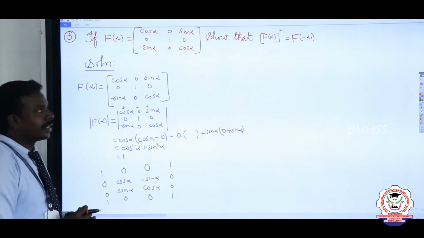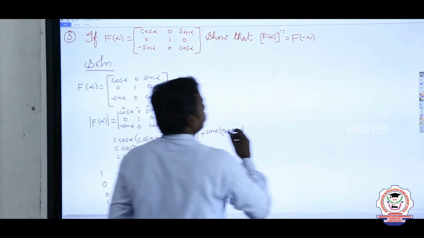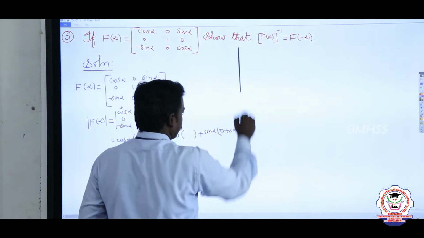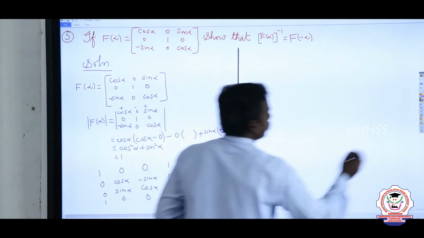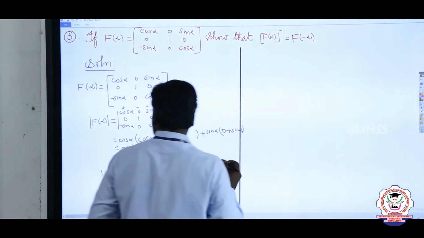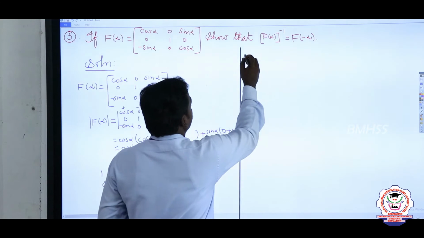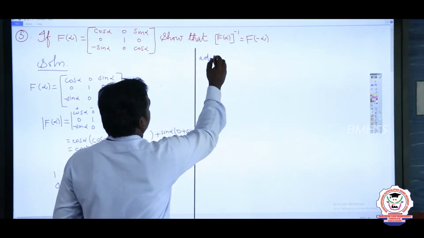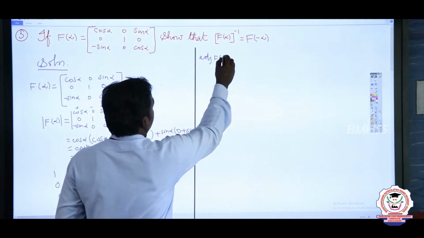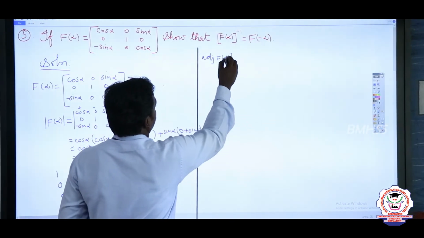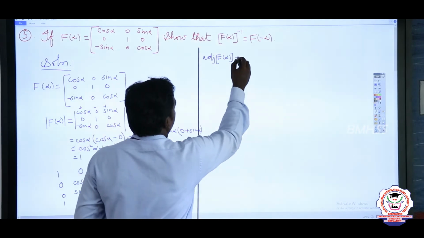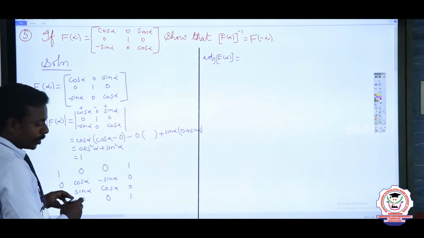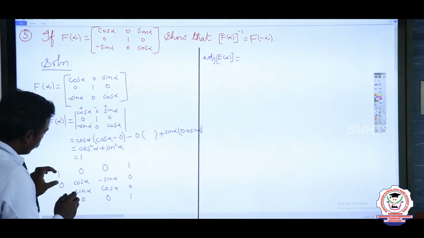Now I am going to find the adjoint directly, very simple. In the term adjoint of f of alpha, I am going to start from here. Take cross multiply of the first two rows.